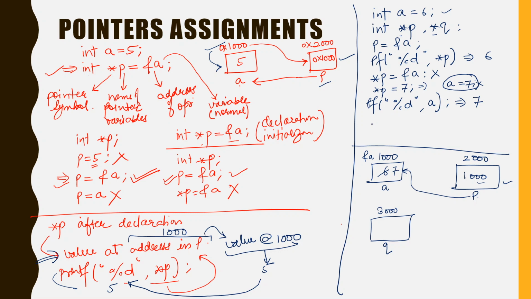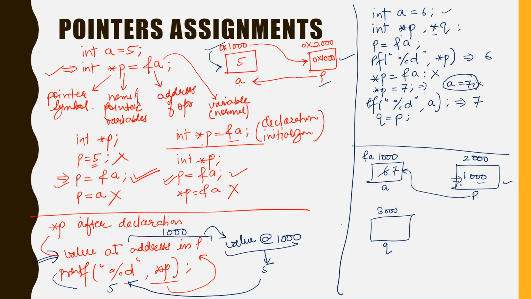Now if I do this, Q equals P, what have I done? Doing this is simply assigning P to Q. What is the value of P? The value of P is this particular address.